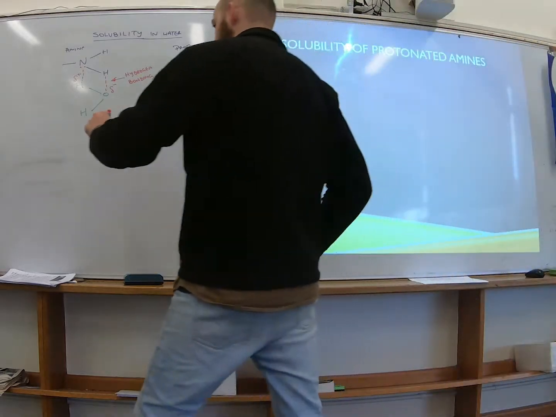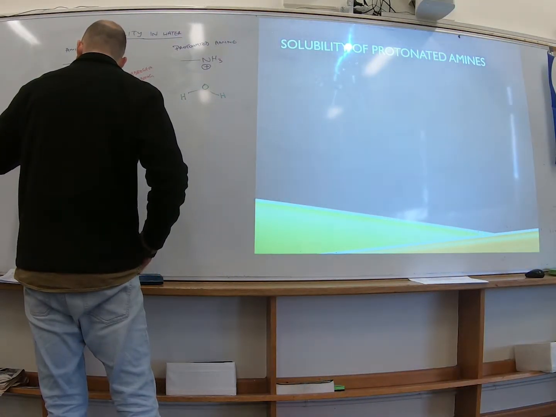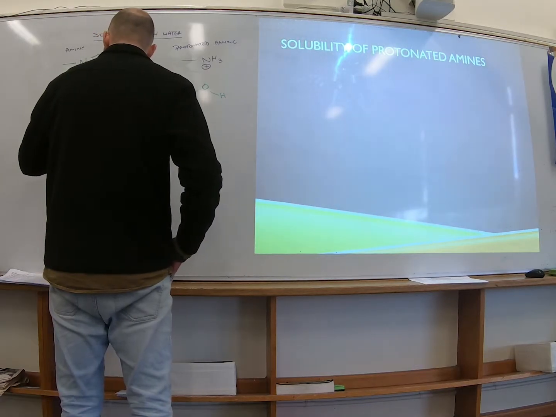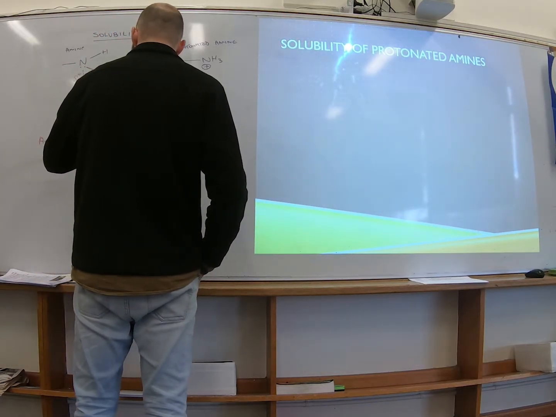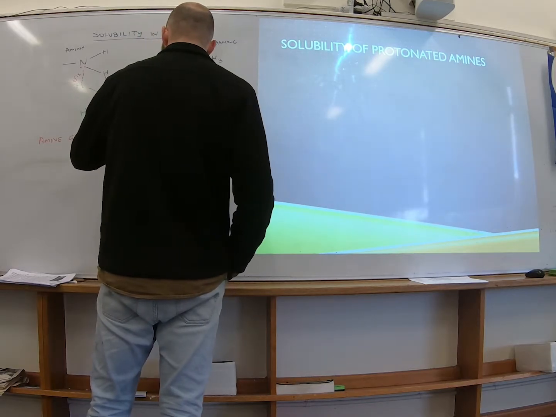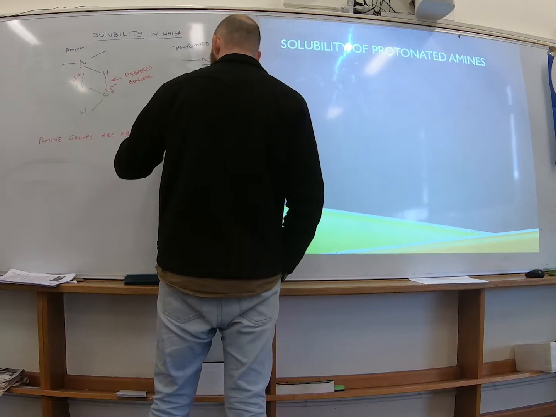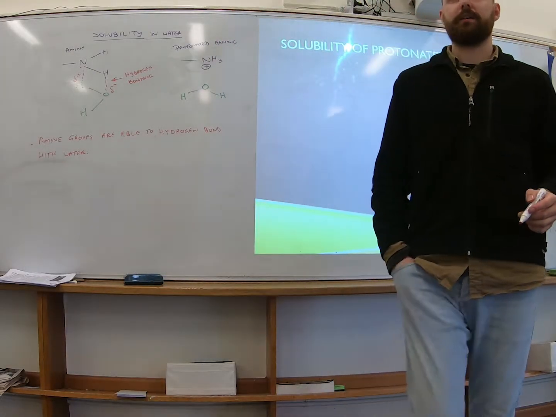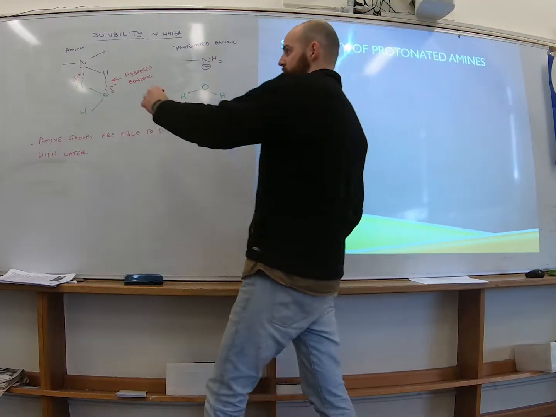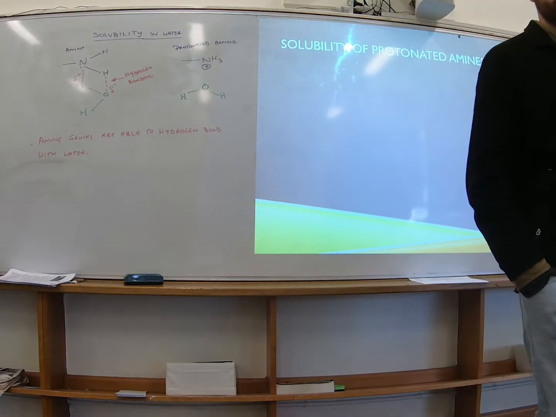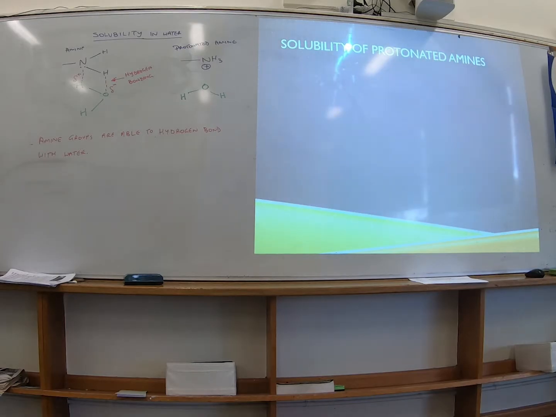So amines, or amine groups, are able to hydrogen bond with water. If we had a really small amine like this, with 1 carbon here, do you expect it to be soluble if it can hydrogen bond with water? Yeah, we would.